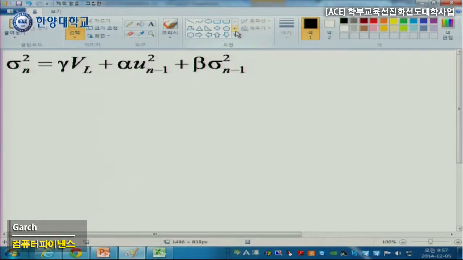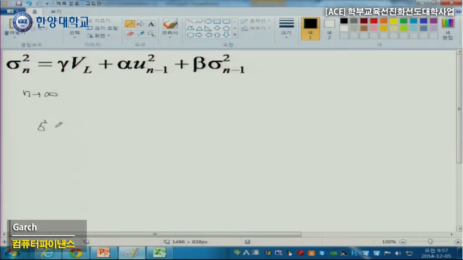Instead of maximizing over three variables, some people optimize over only two variables by using a technique called variance targeting. Variance targeting means we let n become infinity. Then sigma n squared will converge to sigma squared.